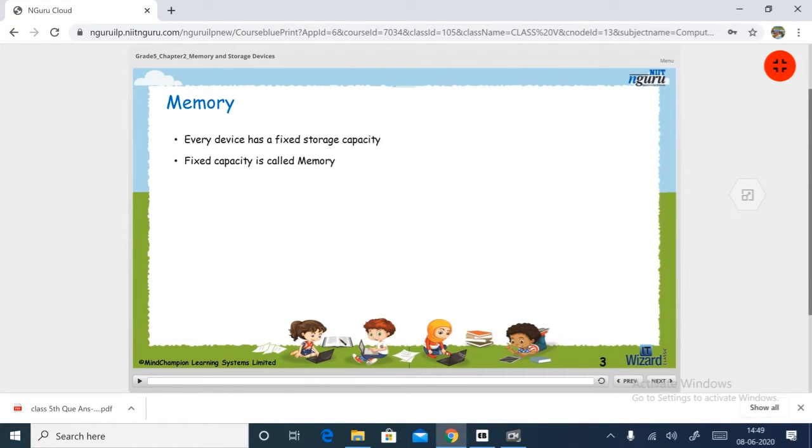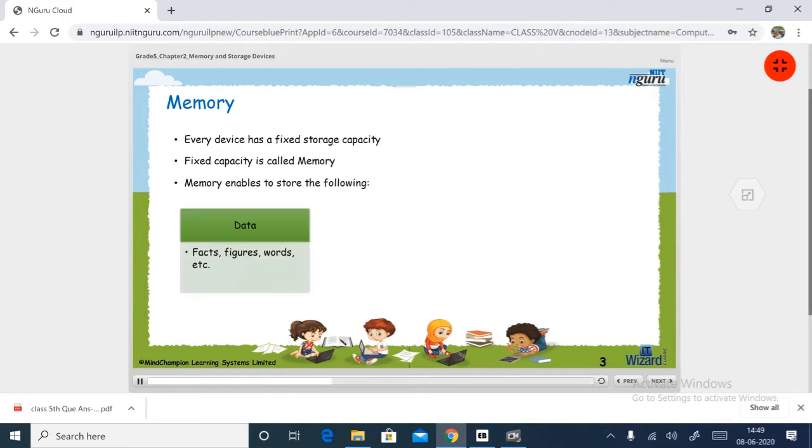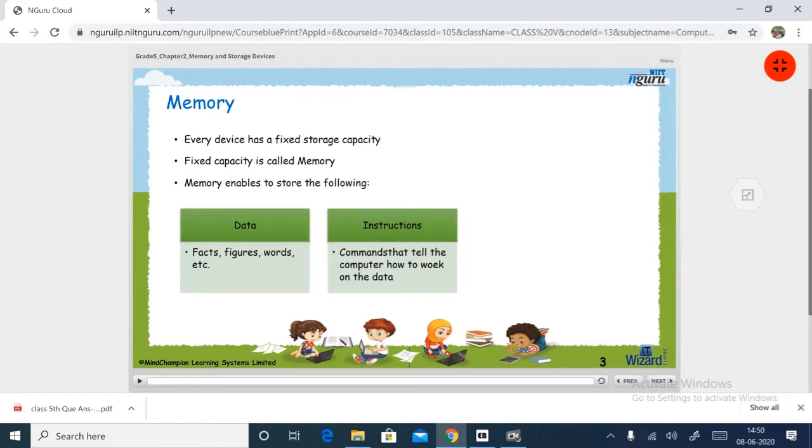A fixed capacity is called memory. Memory enables us to store the following: data. For example, facts, figures, words, etc. are known as data. Facts means numbers, figures also known as symbols, and words means sentences.